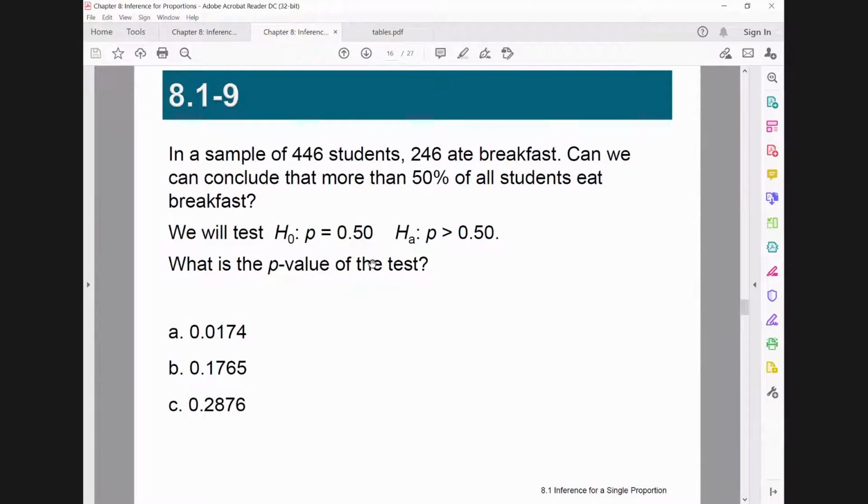Once we know Z, what about the p-value? How do we find the p-value? Same question, same information, but the next question is to evaluate the p-value.